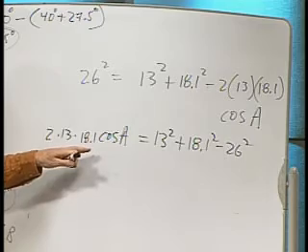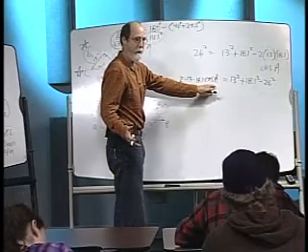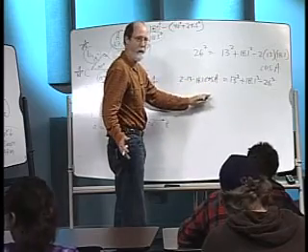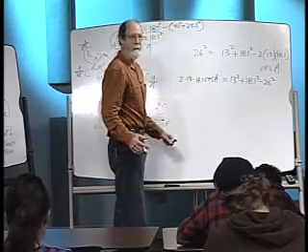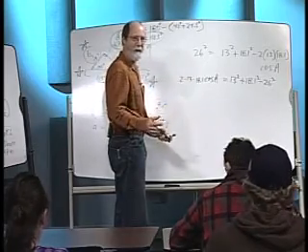Do you see what we're doing? Working on isolating the cosine of the unknown angle, and then we'll take inverse cosine of both sides. Everybody with me on how you just play with these things until you finally get it right?